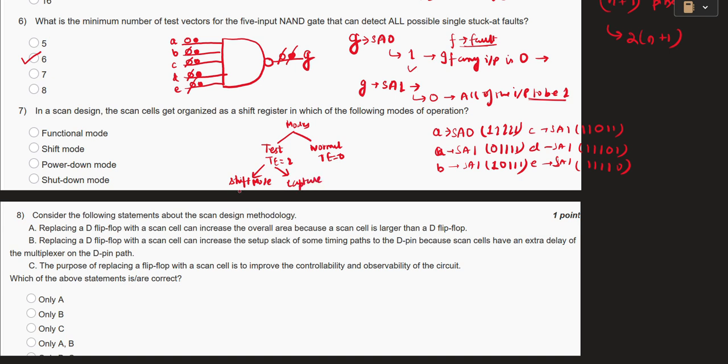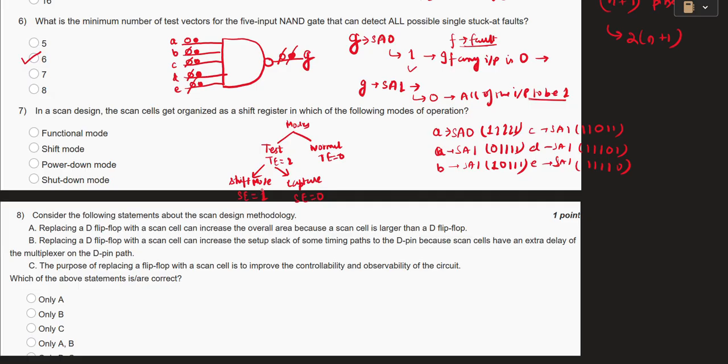In shift mode, we shift the data through the scan cells of the scan chain, and the shift mode happens when the scan enable bit is made 1. The capture mode happens when test enable is 1 but scan enable is 0. In capture mode, we are just going to capture the output from the output pins.